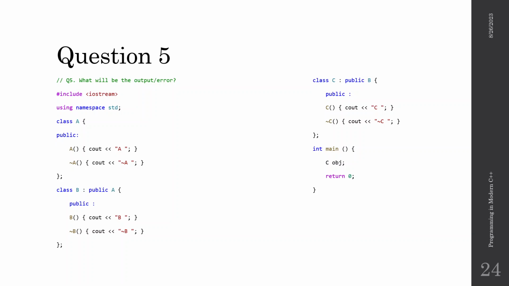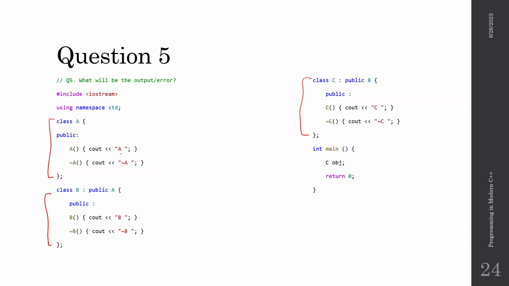Okay, now let us discuss this solution. Here you can see that you have three very similar classes, and all of the classes have constructors and destructors, and in the constructors and destructors we just print which class it is coming from.